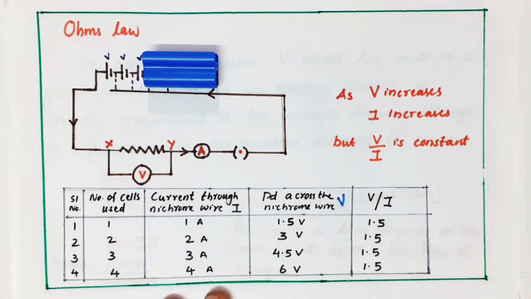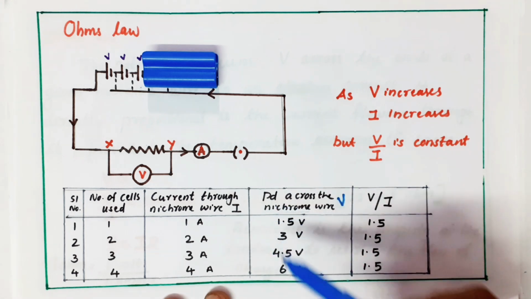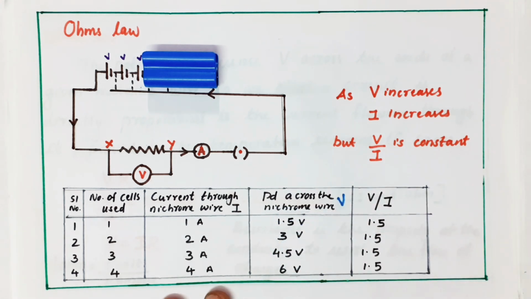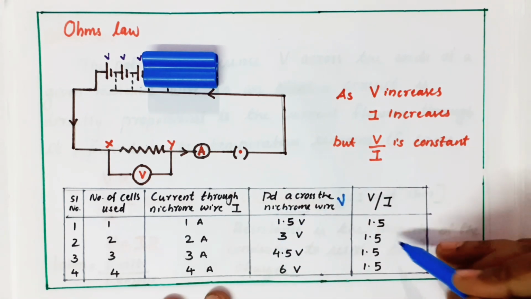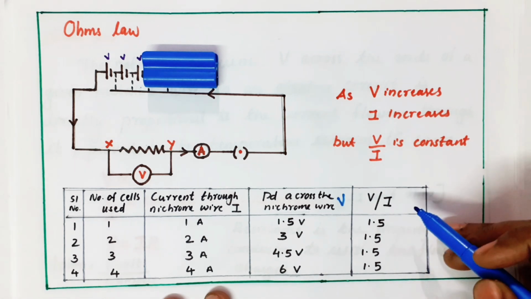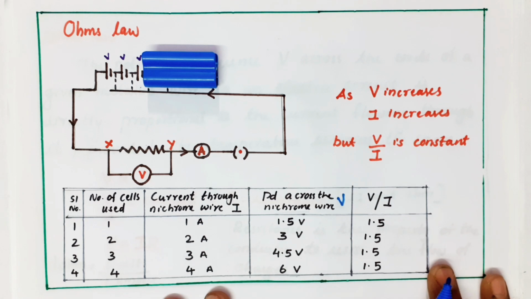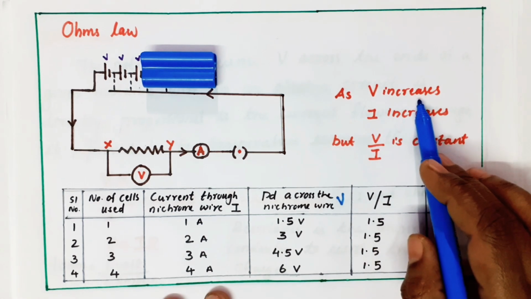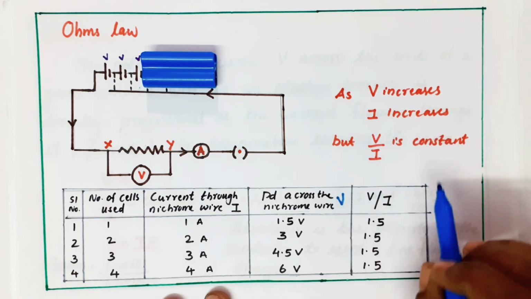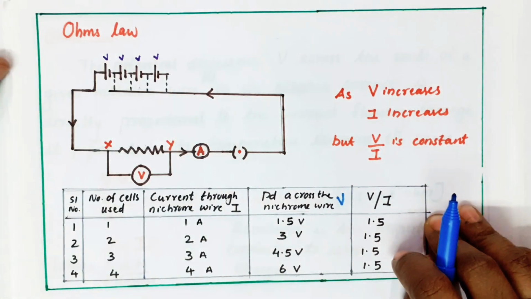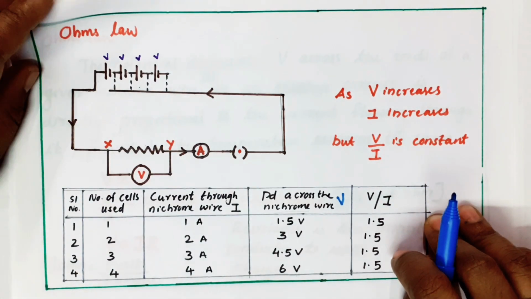Now if you check, I got different current and different potential difference, right? But the term V by I got a constant value. It is because of the property of the wire. So I concluded that as my voltage increases, my current also increases, but my V by I is constant.